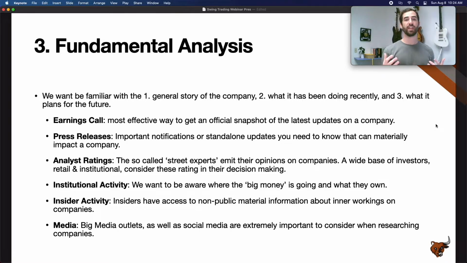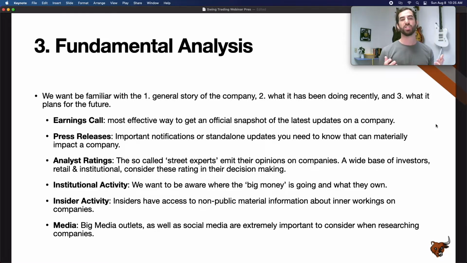In a lot of cases, it's not only traders in the retail base that are talking about or sharing information about a company that you might be researching, but the company could also have an official Twitter account where they communicate with the retail investor base with information that is a little bit different than formal press releases.